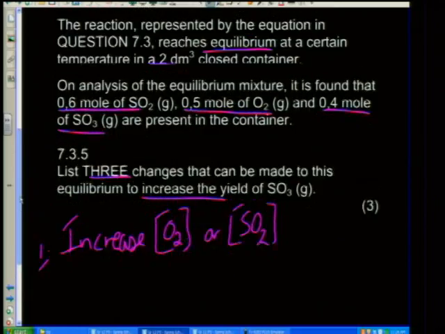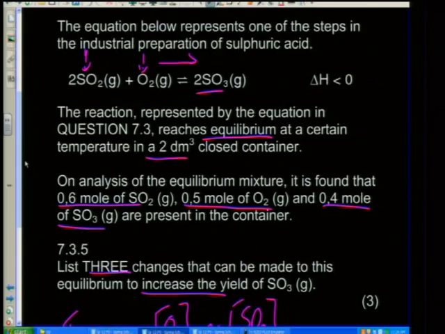What's another possibility that we can do? Well, have a look again at the equation. We know that concentration affects rate. What else affects rate? Think about it. Well, temperature affects rate. That's right. So how can we apply a temperature change that's going to favor the forward reaction? We just did that in the previous multiple choice question.